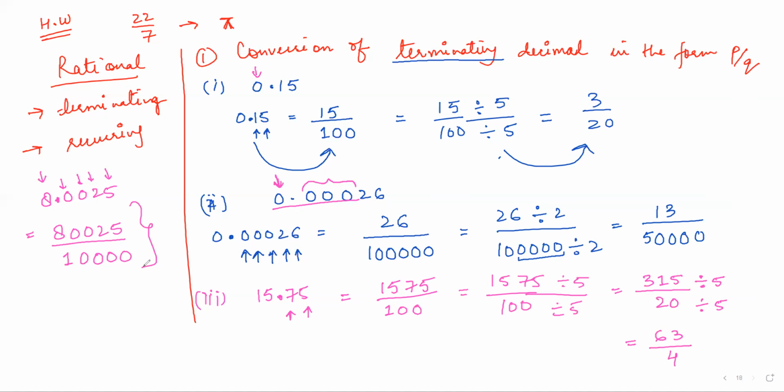Yes, what are you getting? 3201 by 400. Okay. Adil, what are you getting? After dividing 80025 by 5, what are you getting, Adil, in the numerator? Right? Both you are dividing by 5.